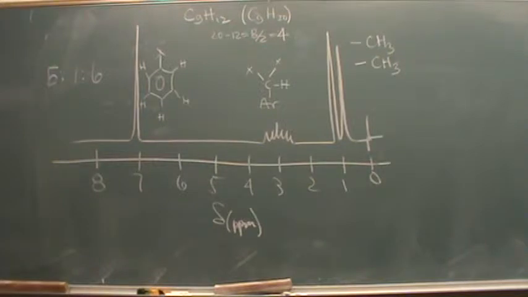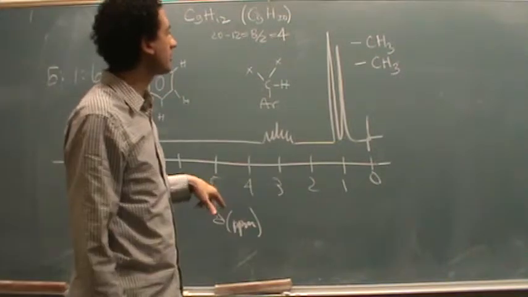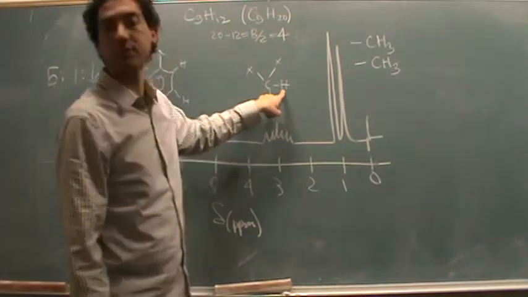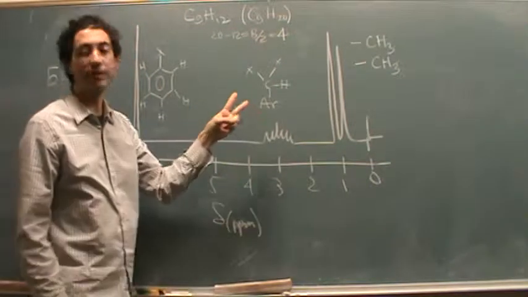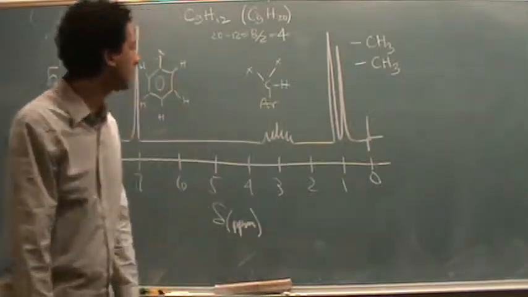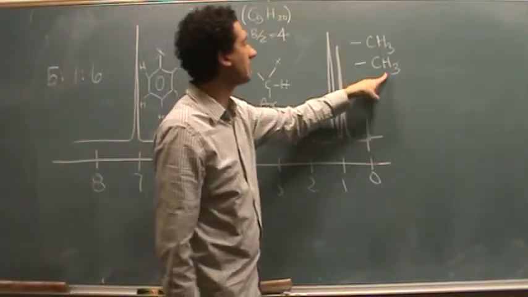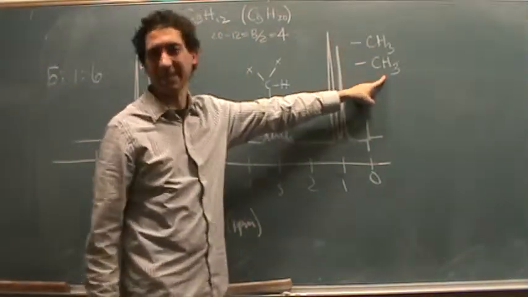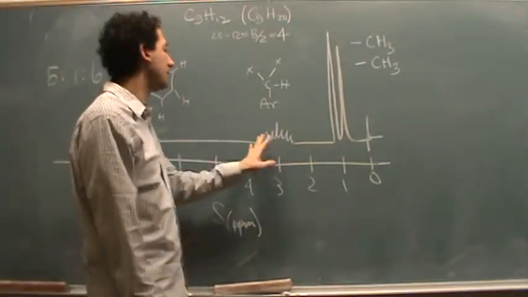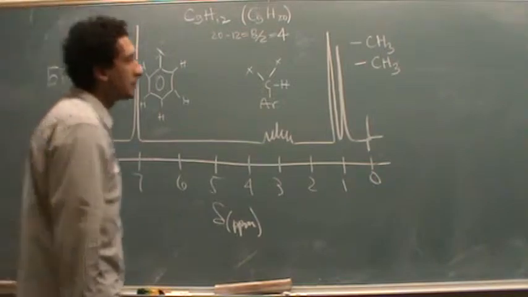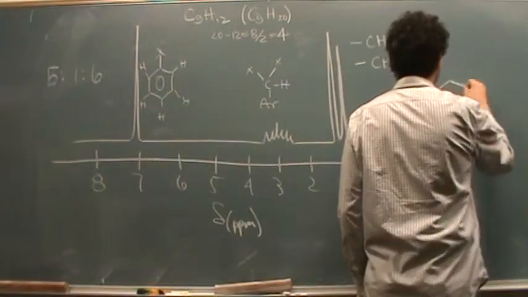Let's see if that would work. If 2 of these were CH3s, they'd be next to 1 single hydrogen, and 1 hydrogen, add 1, that'll give a doublet. That makes a lot of sense. If this is next to all these, 1, 2, 3, 4, 5, 6, plus 1, that would give a septet, or 7 peaks. Let's put that all together and see if this all makes sense.